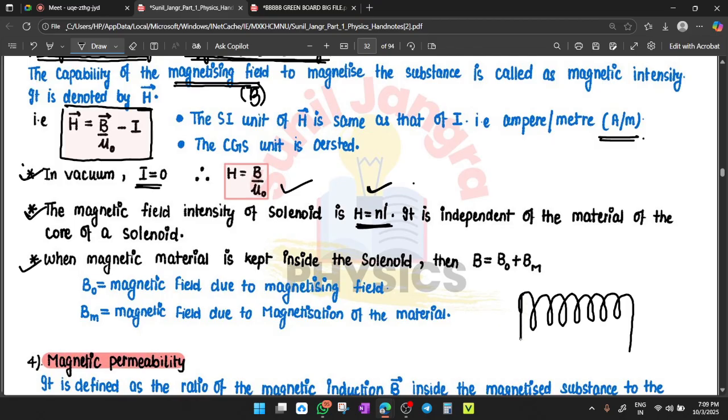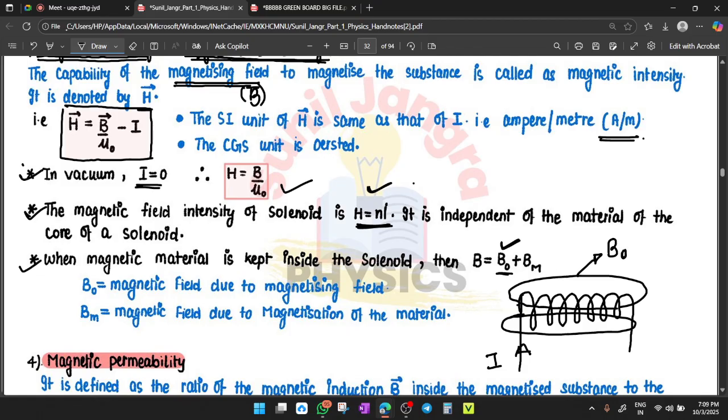So in an air core solenoid, due to this current, there is a production of field surrounding this solenoid, all the way north to south. So this field is induced in air. So there is a field B naught.